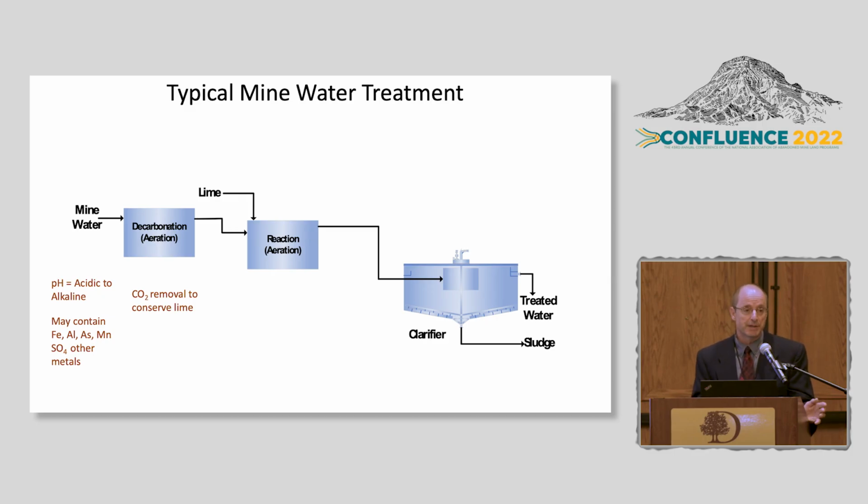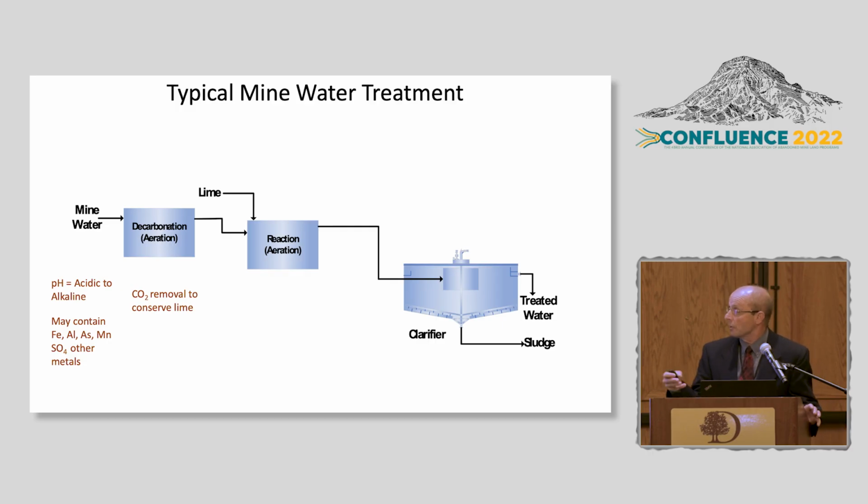You can remove that CO2 in two different ways. One, lime can be used to basically turn it into bicarbonate. But to conserve on lime, you can strip it off with aeration. So often there's a decarbonation step, and it's an economic trade-off between more lime consumption or using energy for the air.